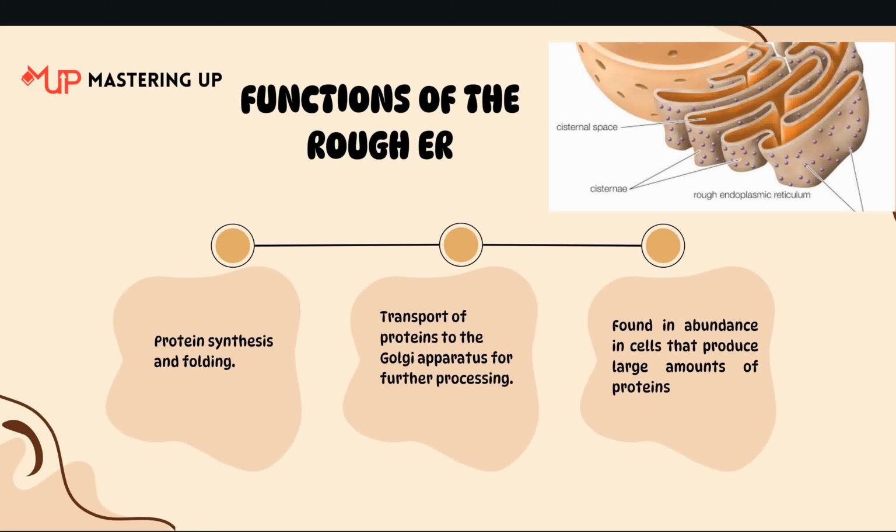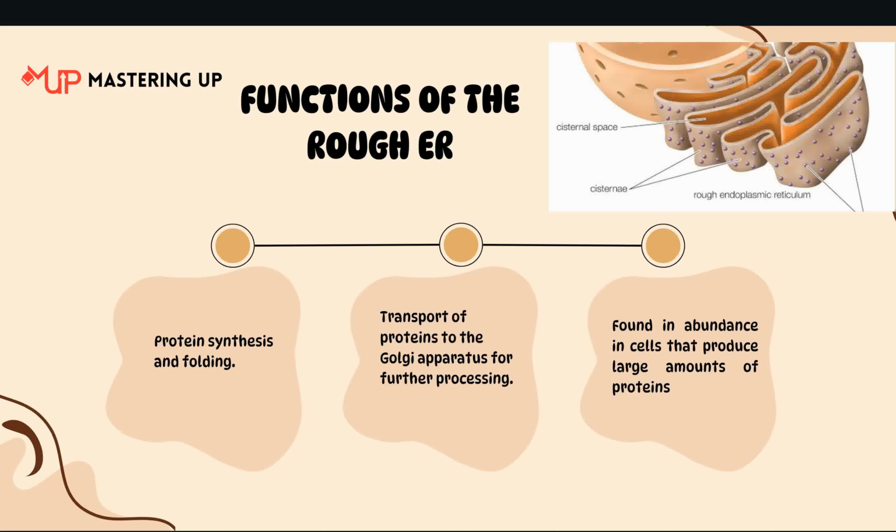Now let's see the functions of the rough ER. The rough endoplasmic reticulum is primarily responsible for the synthesis and folding of proteins. These proteins are often destined for secretion or for use in the cell membrane.